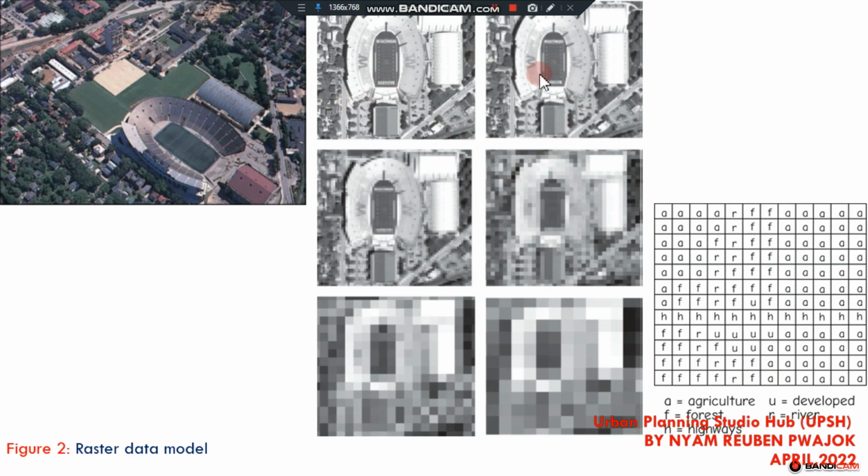From here it dropped, from here it dropped further, and from what you can see down here, it's a pattern of tiny squares, a combination of gray, white, and black. That is what a raster data model is. It doesn't see the image as we see it here; it rather senses it as this.